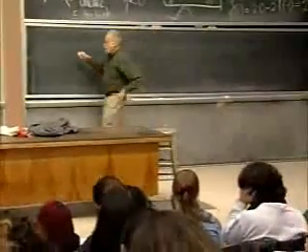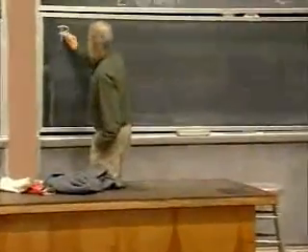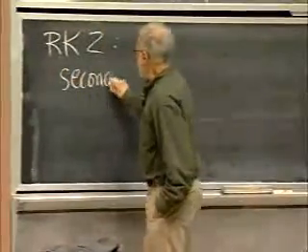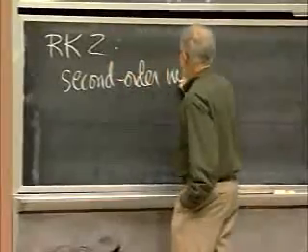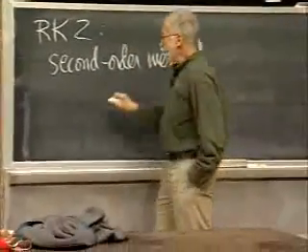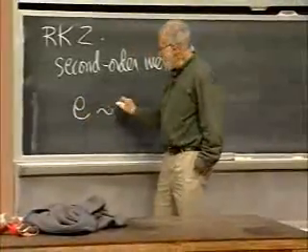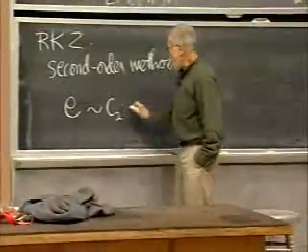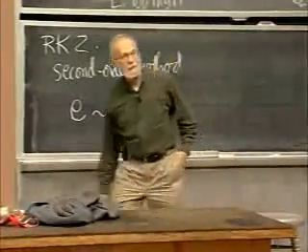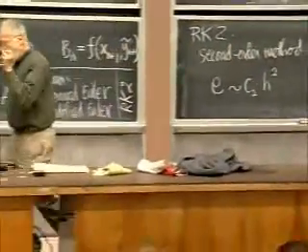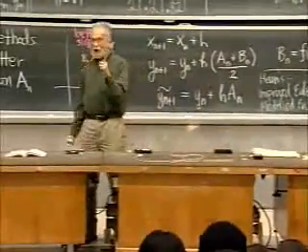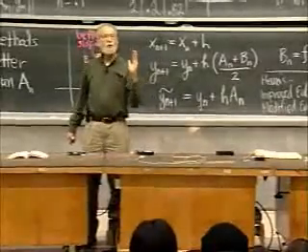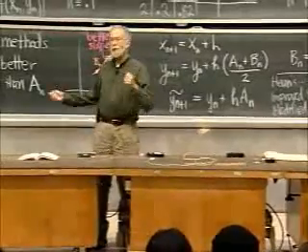So Heun's method, or RK2, that's the shortest thing to write, is a second-order method, meaning that the error varies with the step size like some constant, it won't be the same as the constant for Euler's method, times h squared. That's a big saving, because it now means that if you halve the step size, you're going to decrease the error by a factor of 1/4. You will quarter the error.